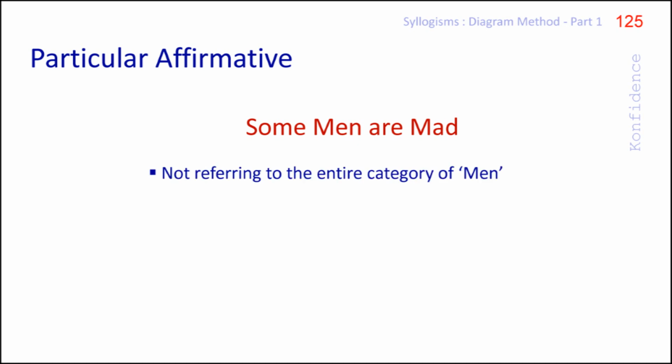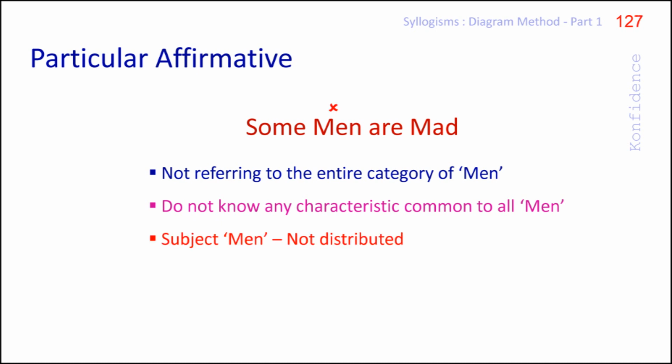Consider the particular affirmative statement, some men are mad. Here, we are not referring to the entire category of men. We are only referring to those men who are mad. We do not know any characteristic common to all men. So the subject men is not distributed.